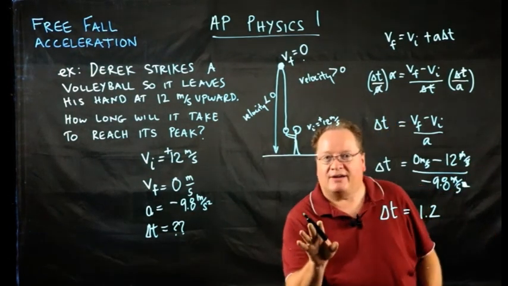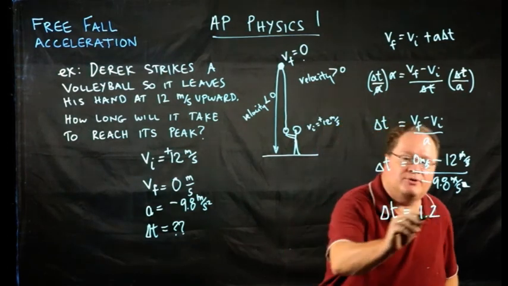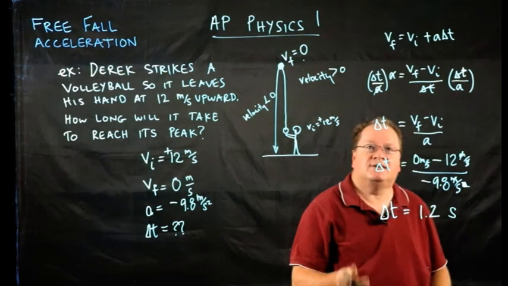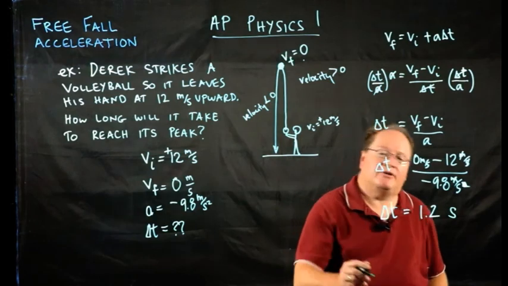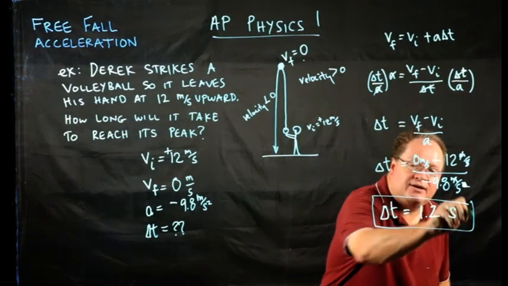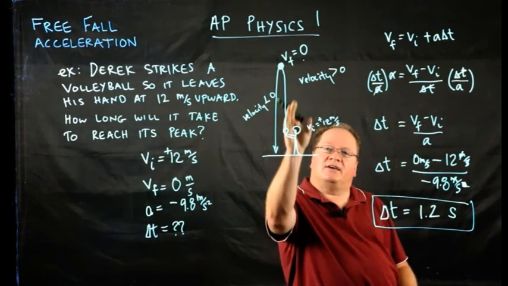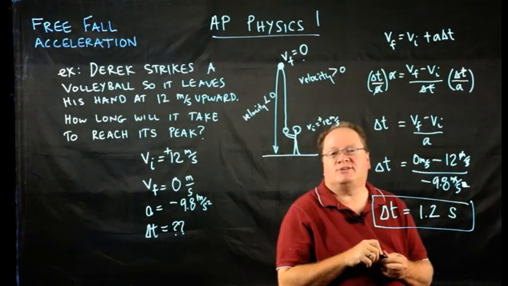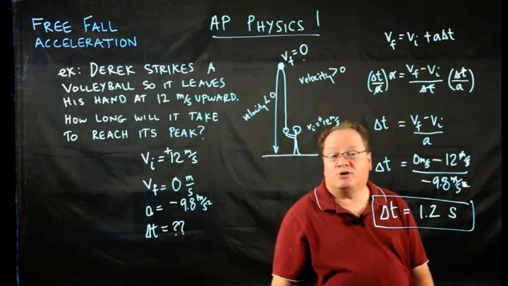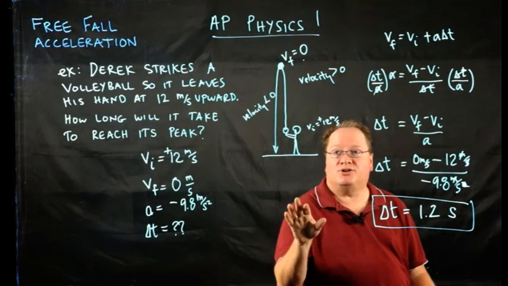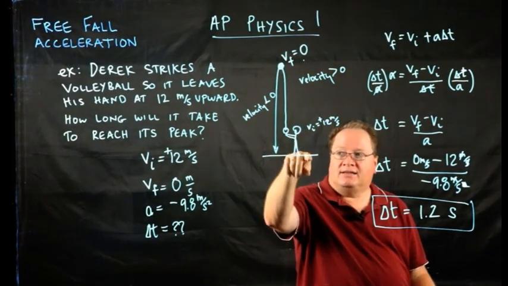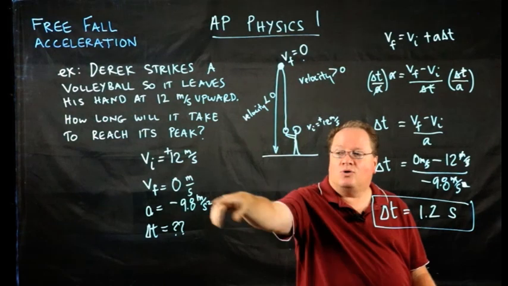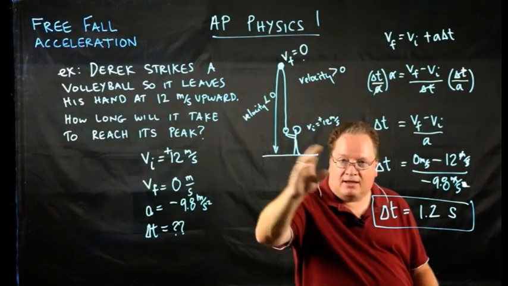If you divide by a fraction, you multiply by its reciprocal. So this comes out to seconds, which means my algebra was probably correct. This is your answer right here. Basically, if you launch from that speed, it will take 1.2 seconds to reach the peak. And you can do this for any position in the flight if you know what both velocities are. Okay? I'm going to stop right there.